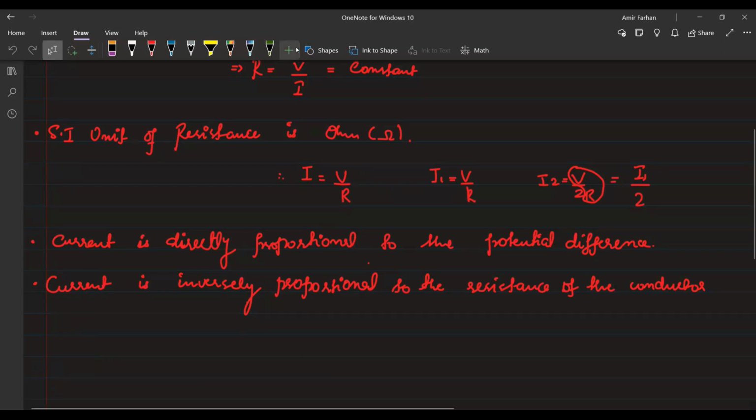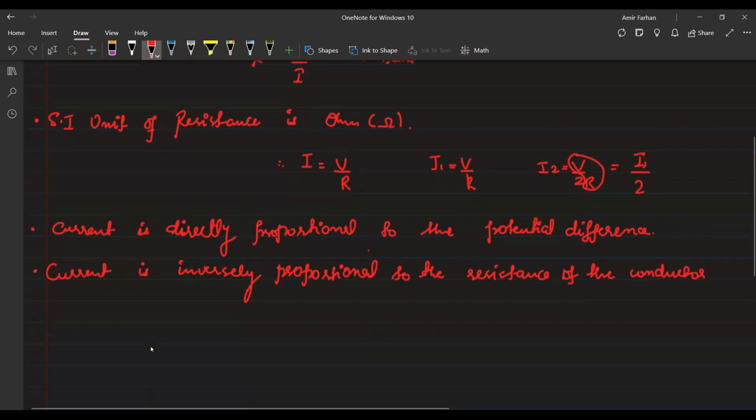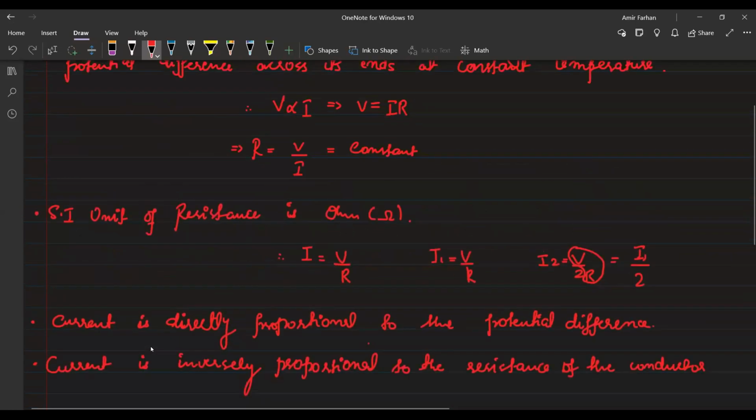Samina, I think you have missed the last class of Ohm's law and electric current. What about potential difference and electric charge? Have you done the revision? Kind of, sir. Okay, no problem. Next.